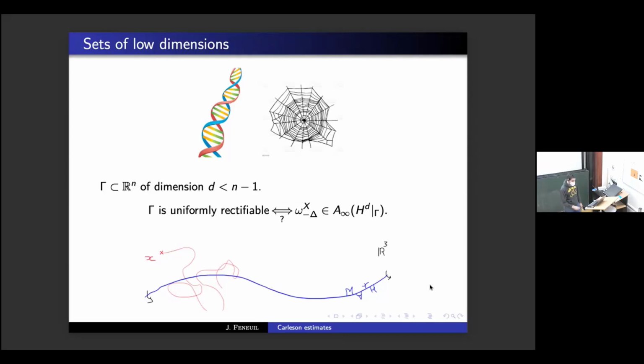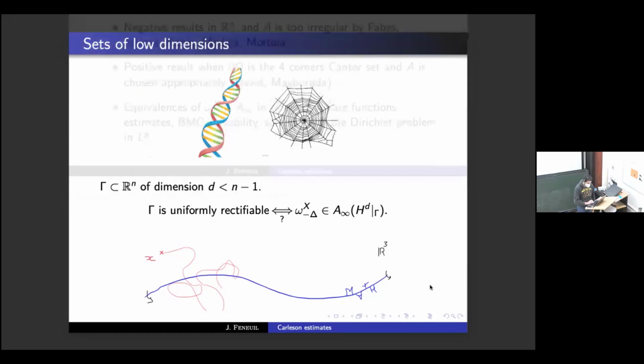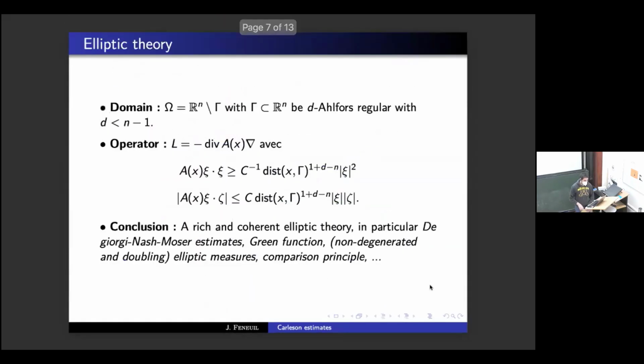And to construct a stochastic process which is attracted to the boundary, one way to do that is to take some elliptic operators which are elliptic with respect to a weight which is degenerate.